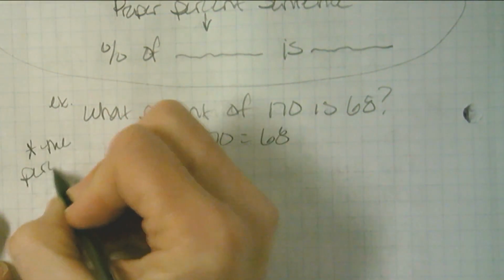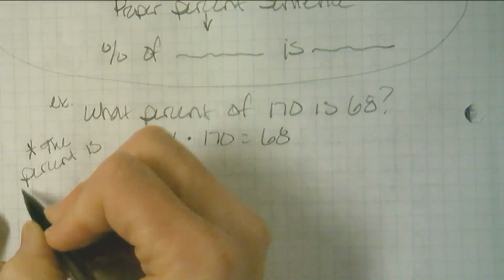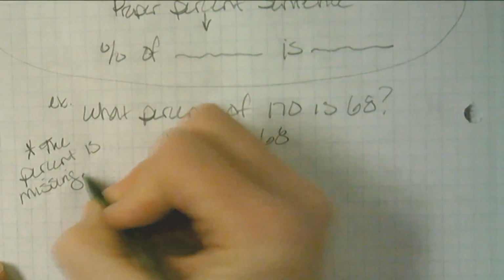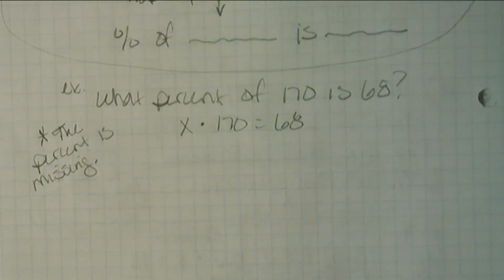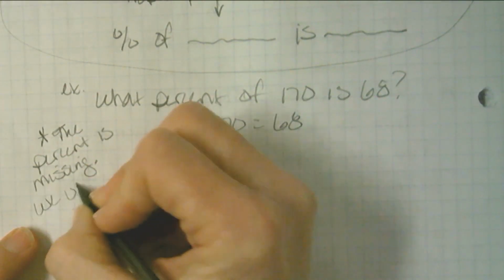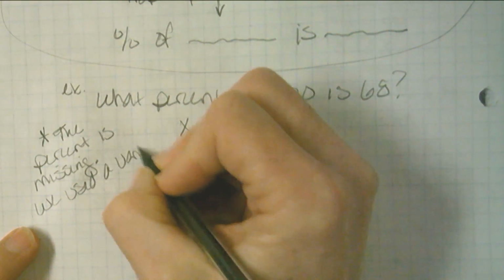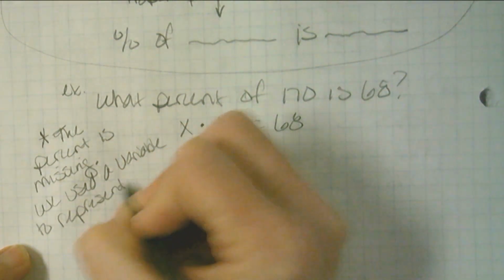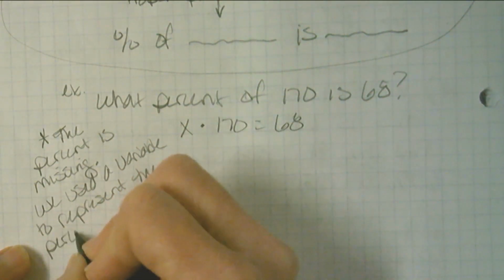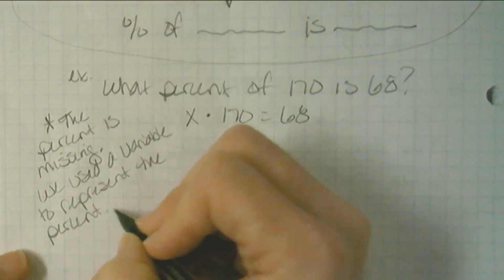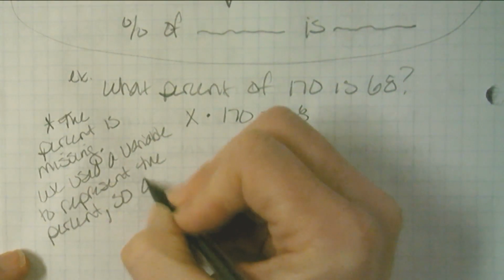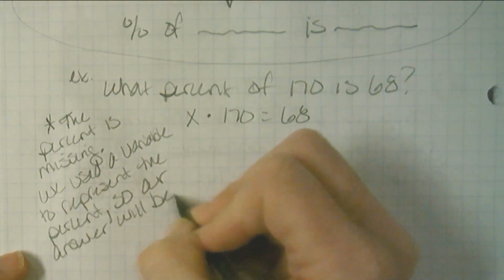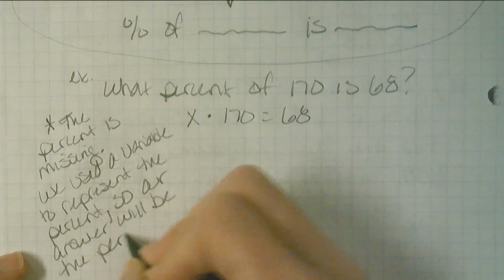The percent is missing. All right, I want you guys to write this down because this is different than for proportions. We used a variable to represent the percent, comma, so our answer will be the percent in decimal form.